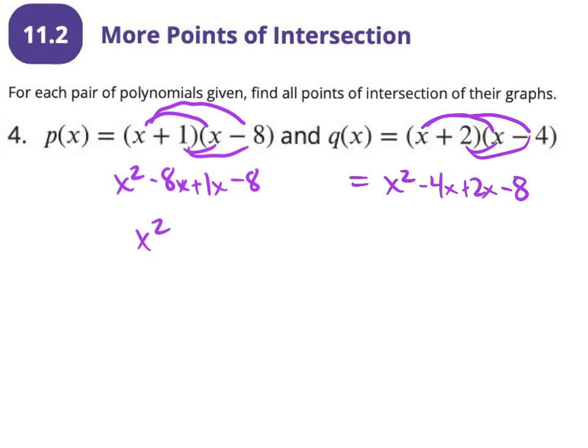I'll get x squared minus 7x minus 8 is equal to x squared minus 2x minus 8. Subtract the polynomial from both sides.